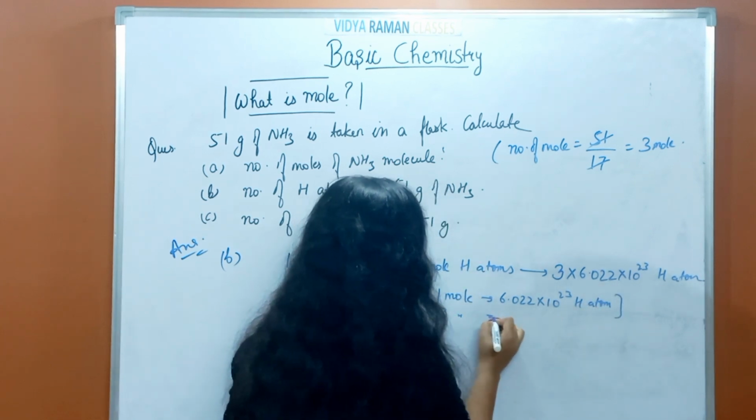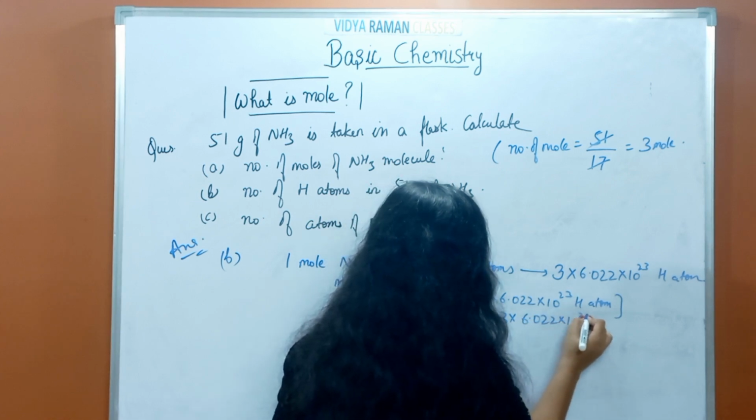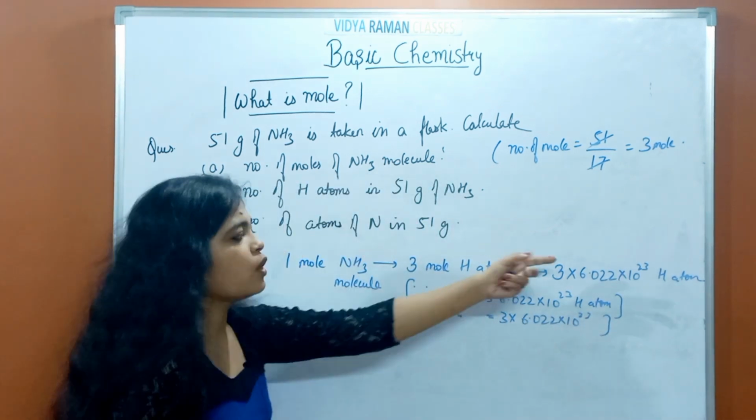Simply 3 mole will become 3 into 6.022 into 10 to the power 23. Okay, here we got that.